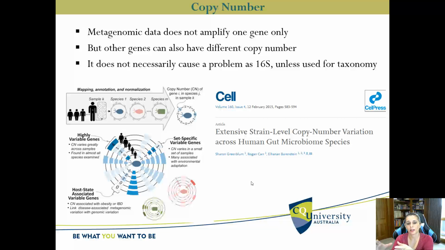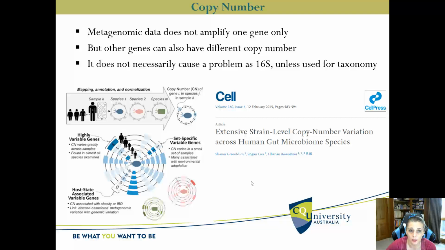Then you look into what this community can do for the host in terms of these functions. I will get into functions in a minute. But we don't have the copying, so we don't have PCR, so we don't have that issue. Although we don't have PCR, we still have copy number. Other genes, not just 16S, can have multiple copies.